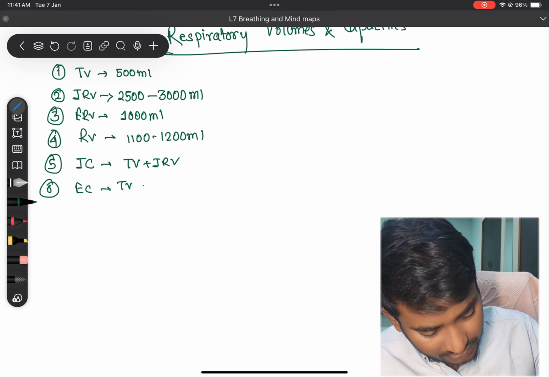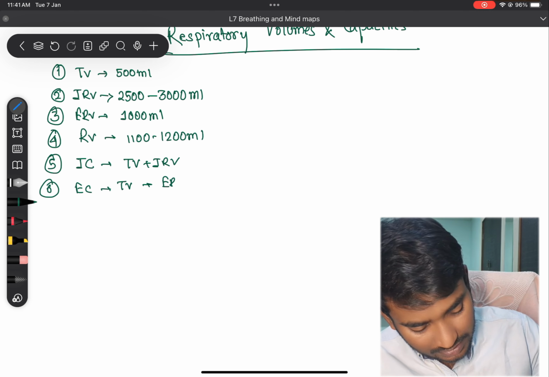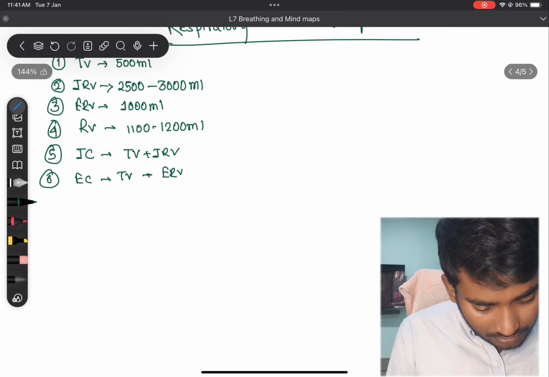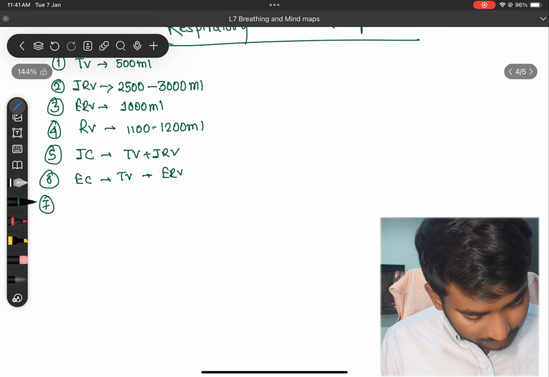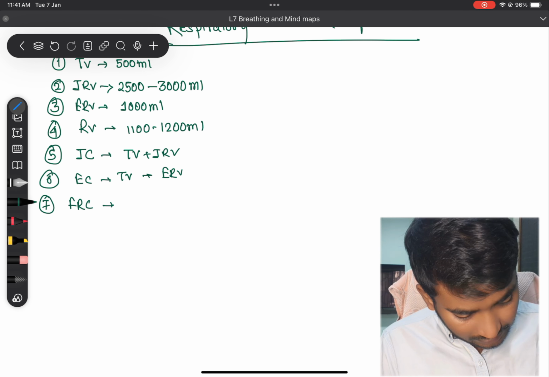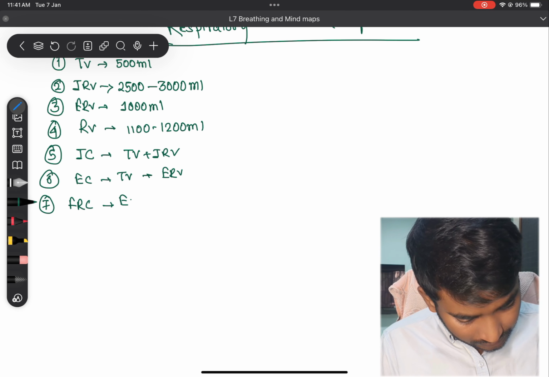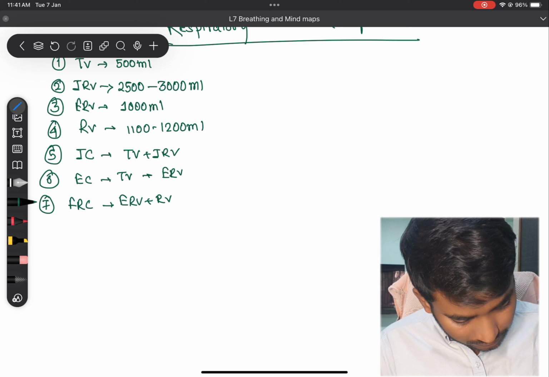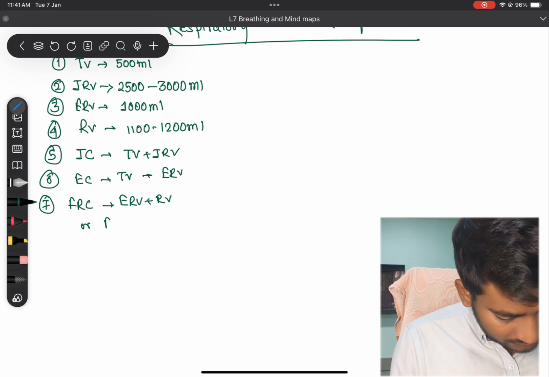It is a summation of TV plus ERV. Functional residual capacity, FRC, is a summation of ERV plus RV.